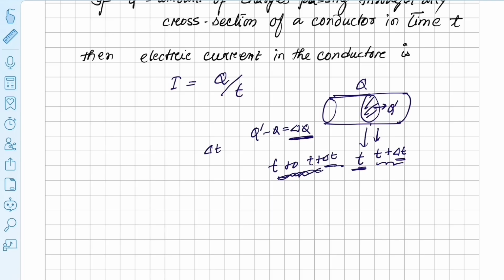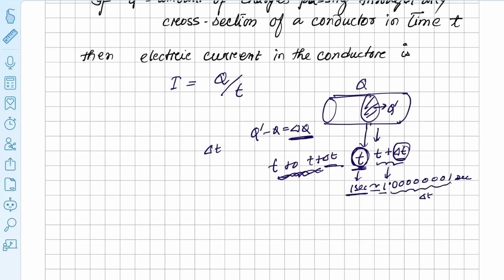So we need to find the current at an instant t. Then we have to consider this del t is very small. That means if t is suppose 1 second, then t plus del t is suppose 1.000000001 second. This del t is very small. So 1 second and 1.0000001 second are almost equal, right?